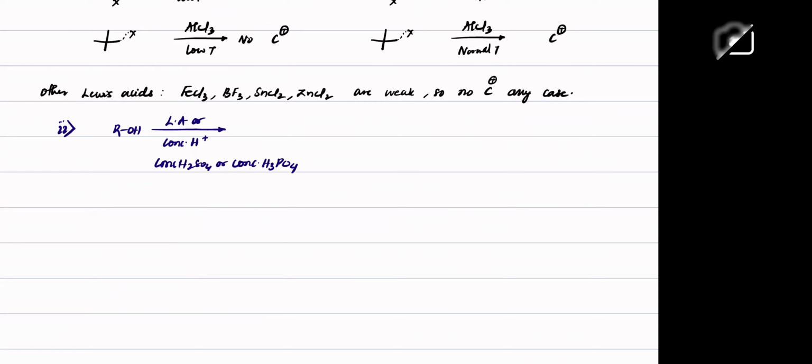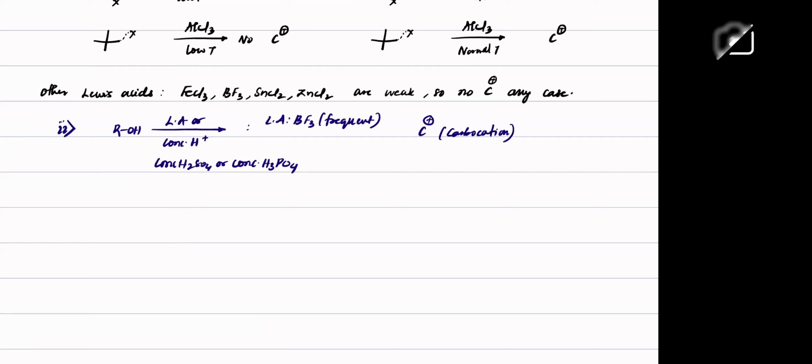Usually the Lewis acid used is BF3, which is most frequently used. Now this will create carbocations. In all these cases, carbocation is being made.